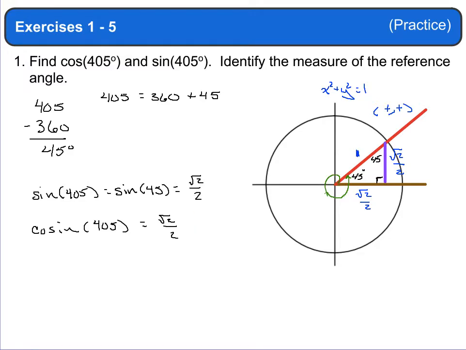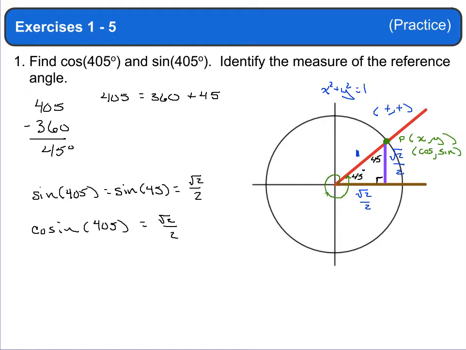Remember what we're finding, just to make sure we're all clear, is that as we rotate this around, we end up crossing the circle at a given point. We call that point P, which is x, comma, y. Our x becomes known as the cosine, and our y becomes known as the sine. And so that gives us a positioning along the edge of the circle based on what we're looking at.